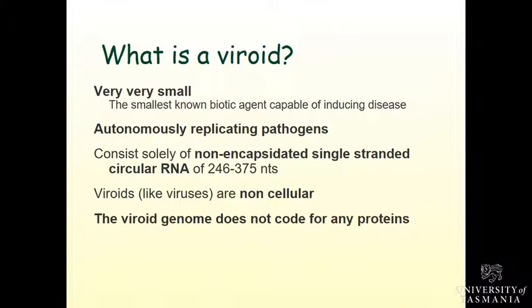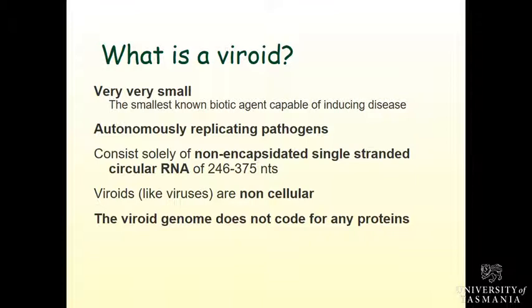I mentioned viroids. What is a viroid as opposed to a virus? A viroid, as the name already suggests, is very, very small. Our viruses are small, and these are smaller still. These are the smallest known biotic agent capable of inducing disease.